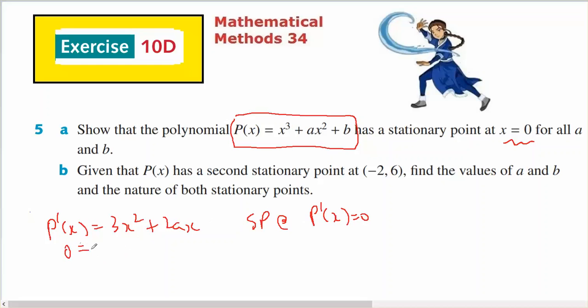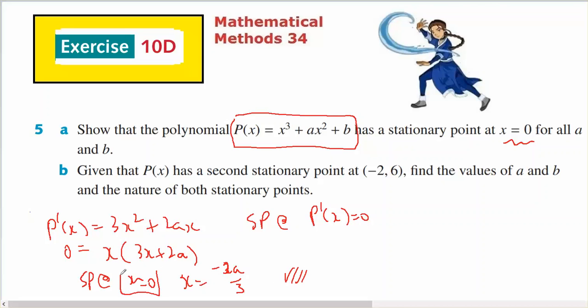So 0 equals, I can factorise out an x, so I get x(3x + 2a), which means that I'm going to have stationary points at x equals 0 and x equals minus 2a on 3. So, irrespective of what a or b equal, you will always have a stationary point at x equals 0, as shown by the fact that when you factorise, you've got two stationary points.